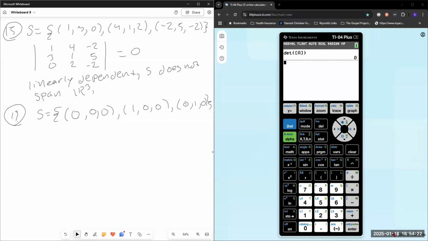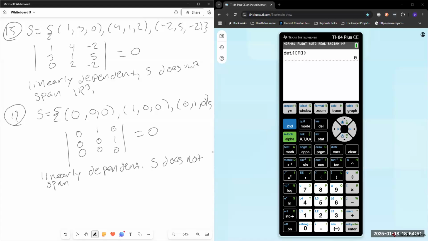So we take the determinant of this. I don't even have to guess, because if I expand on that first column, it's 0, which means that these are linearly dependent. It means that S does not span R3.